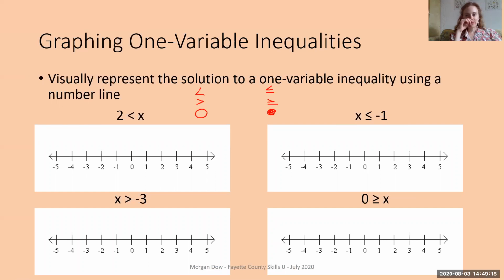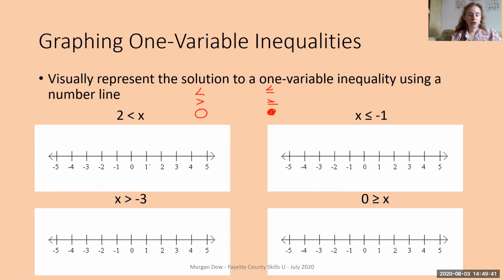So we're filling it in because we're saying that we're including that number, right? It could be equal to that number. With these two symbols over here, we are not including that number, right? We kind of go up to it, but we don't include it. That's why we have an open circle that doesn't cover that number.